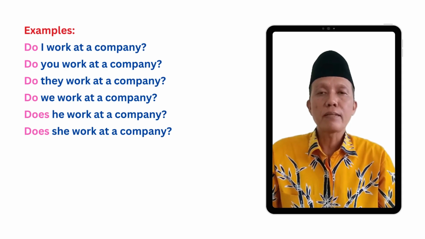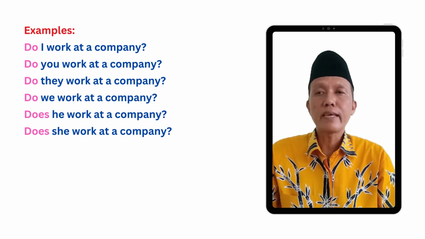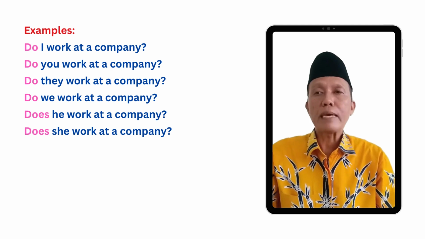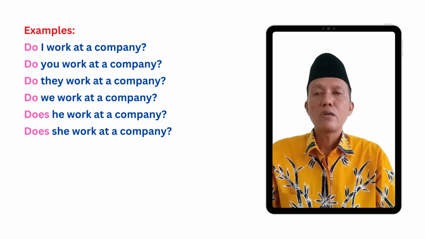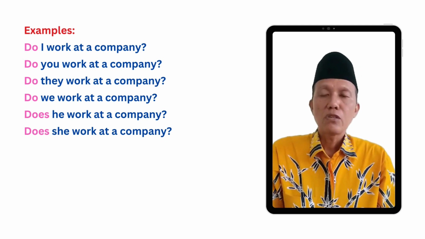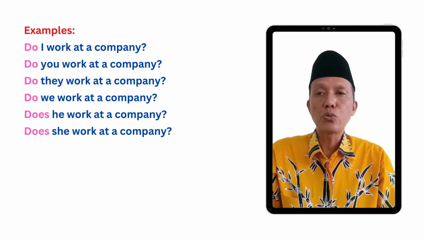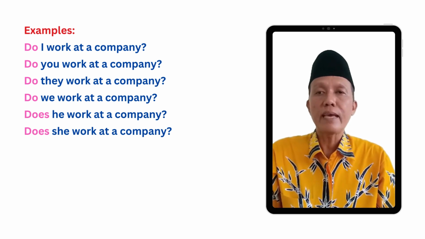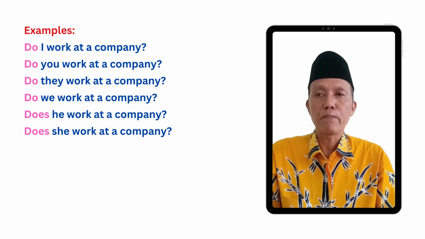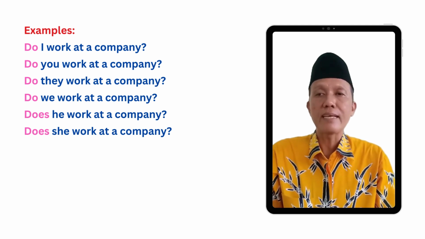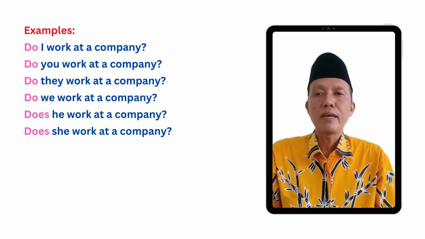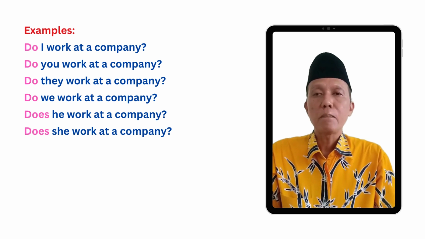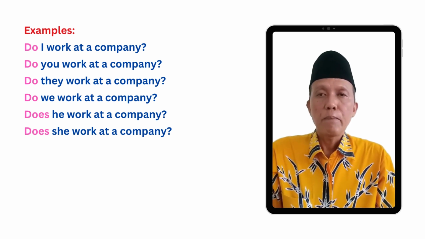From the examples given, it is clear that when we intend to construct or to make interrogative sentence, we use auxiliary do when the subject is I, you, we, they plus base verb, and we use auxiliary does when the subject is he, she, it plus base verb.